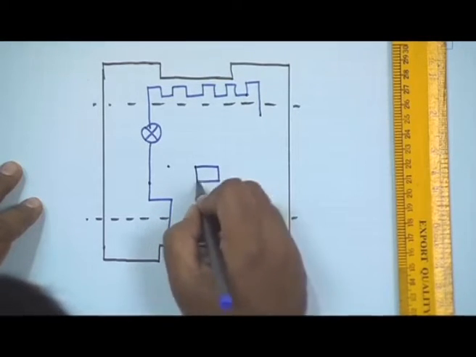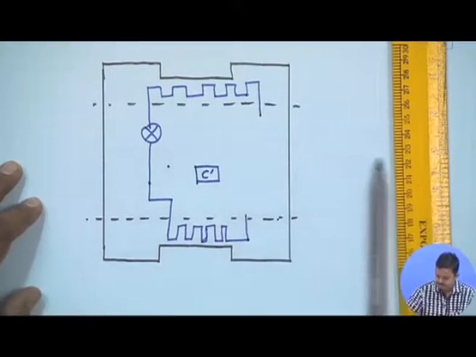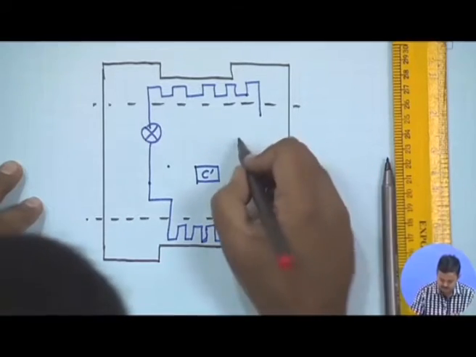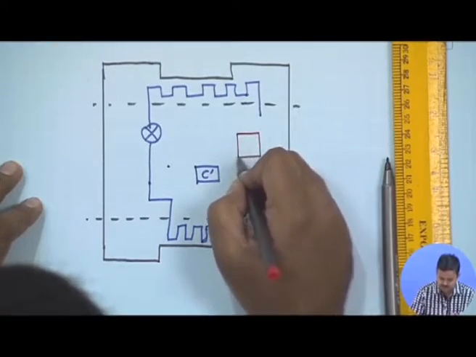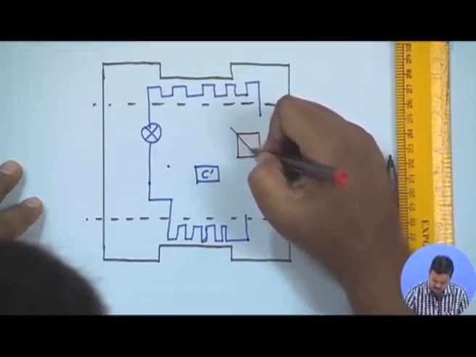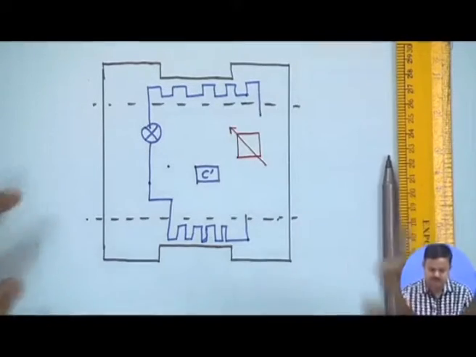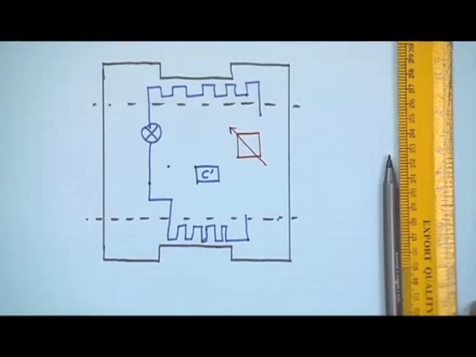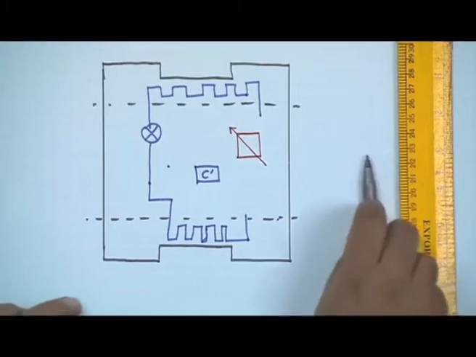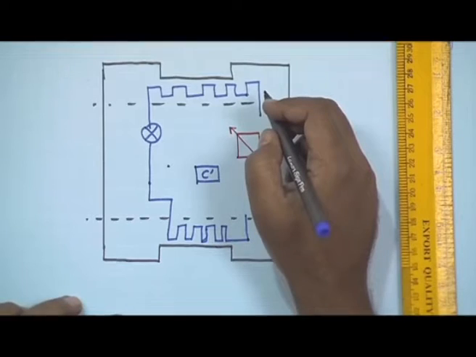I have the compressor over here again, C prime, and I have the 4-way switch also over here, but in this case now the position of the switch is changed. So, if the position of the switch is changed, this is what happens to the flow stream.